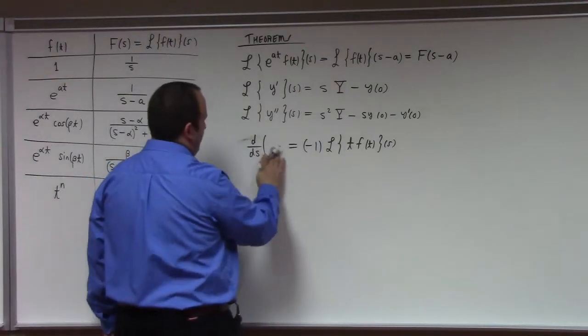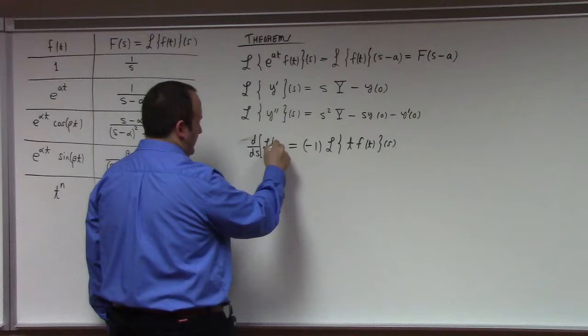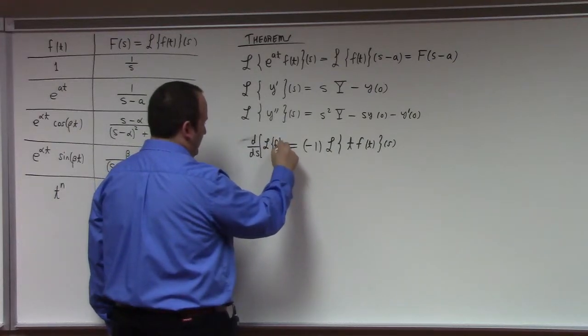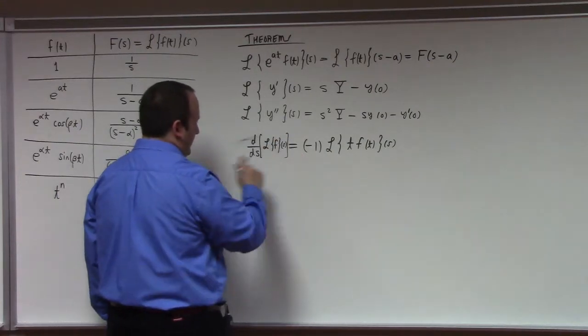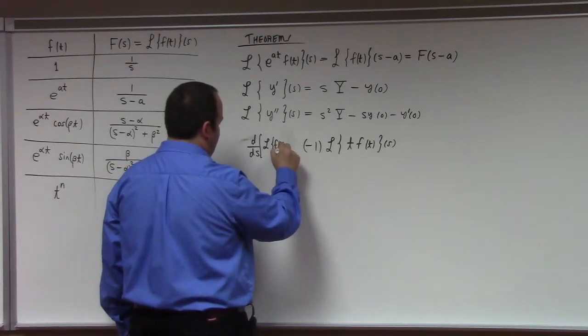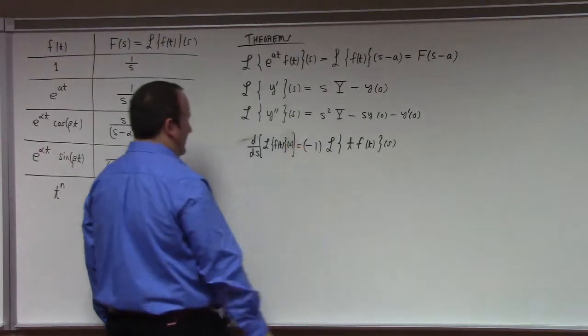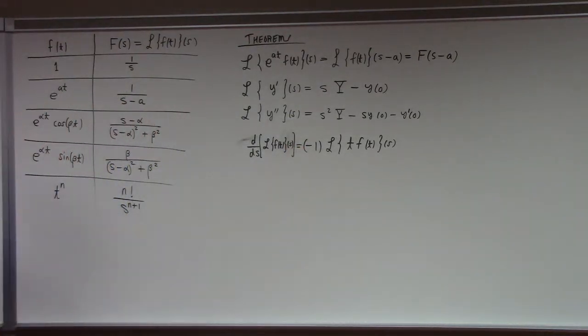Fine, it's bothering me, I'll use this other notation everywhere. I'm just saying the derivative of a Laplace transform is minus the Laplace transform of t times that function.